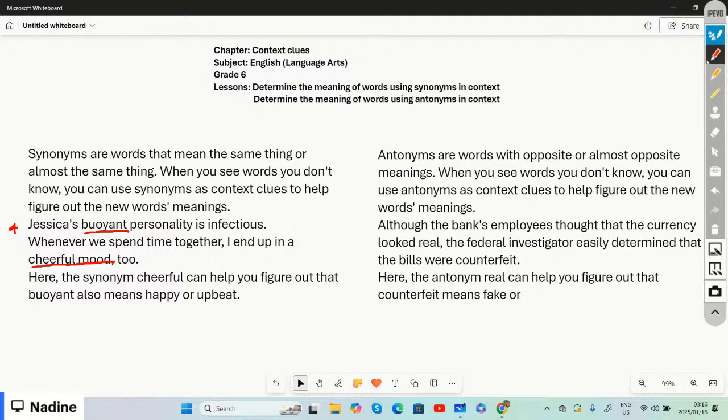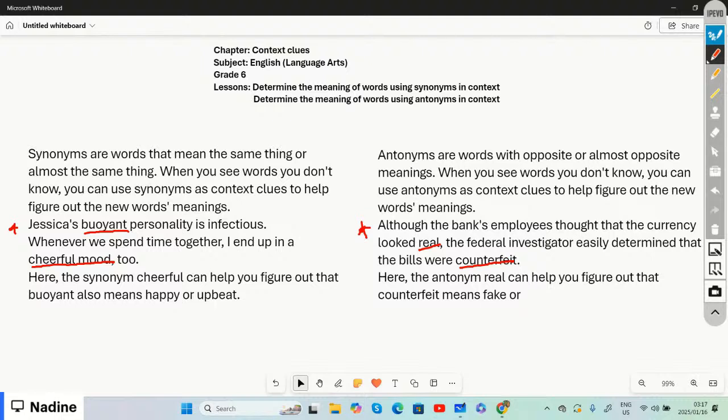And if we look at an example, it says, although the bank's employees thought that the currency looked real, the federal investigators easily determined that the bills were counterfeit.